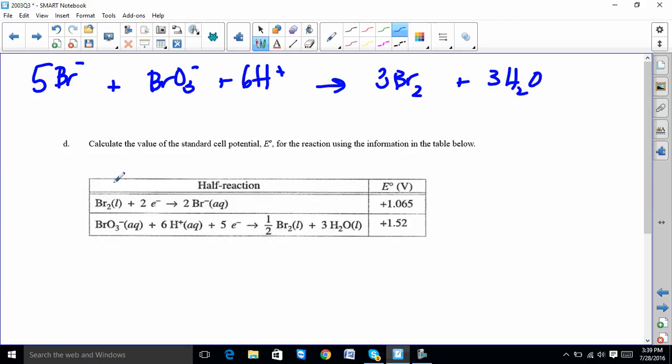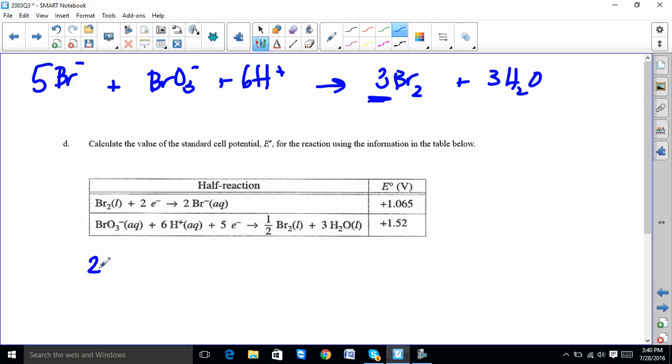Okay, so if you look at this, because there's a 3 here and a 1 here, we need to take this reaction right here, and I think we need to triple it to get a 3 there. Did I get that right? Yep. And so what happens is I'm going to take this one and I'm going to flip it.